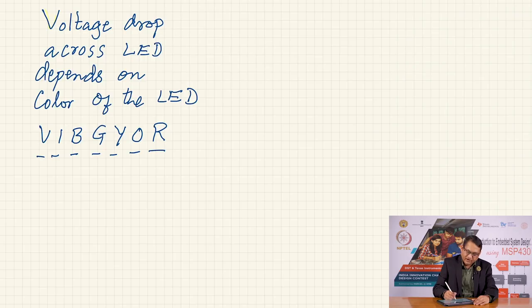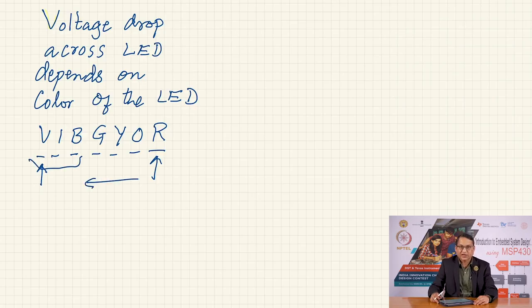It turns out that a red LED has the smallest energy, so it has the smallest voltage drop across it, whereas for violet or blue, as you go to these colors, the voltage drop across the LED increases because the band gap required to emit these colors is more, and therefore the voltage drop is more.